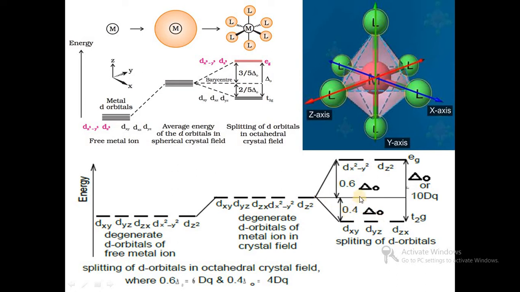The higher energy set is eg, that is dx square minus y square and dz square, which is destabilized by 0.6 delta O. The total difference between t2g and eg is delta octahedral, or in other words the 10 Dq value, where 0.6 delta O is also called 6 Dq and 0.4 delta O is also called 4 Dq.